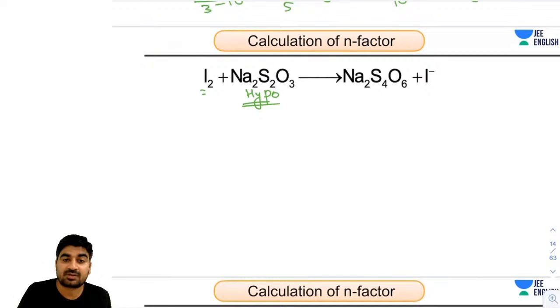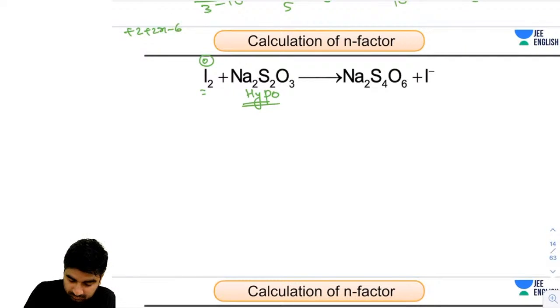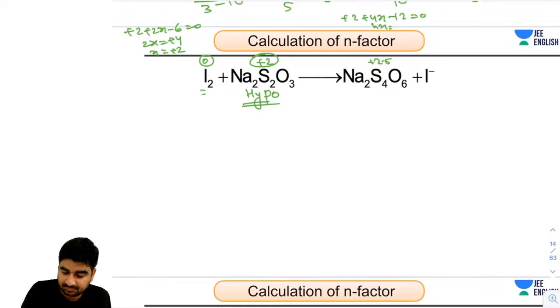So here, the first step should be write down the oxidation state, 0, and here it would be just calculate it. Plus 2, and here it would be plus 2.5, right?